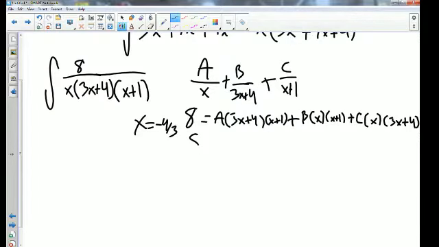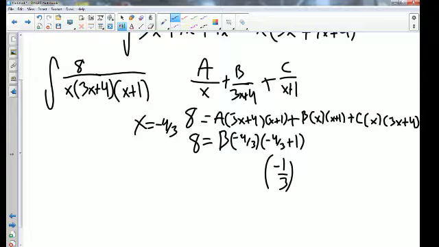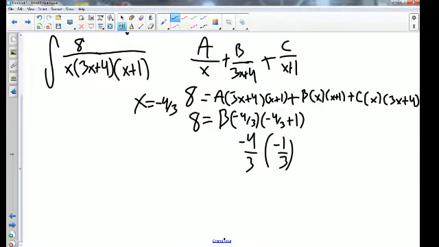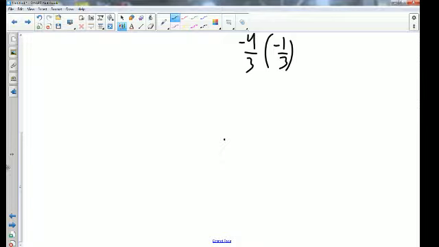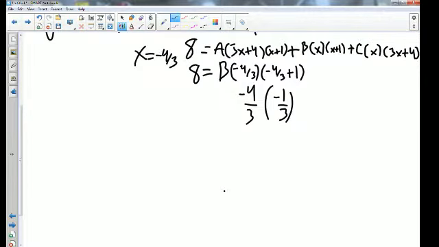So then you just do 8 equals b times negative 4 over 3 times negative 4 over 3 plus 1. So then, once you do this, negative 4 over 3 plus 1, it's just negative 1/3. Negative 1/3 times negative 4/3 would be 4/3.